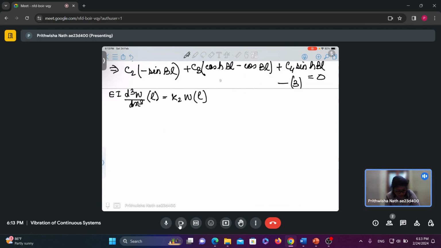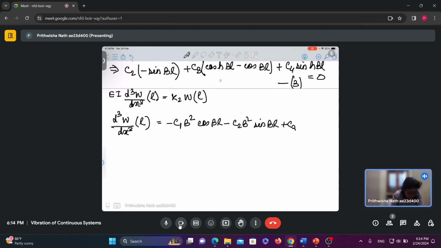Now first I will write the expression for this once again and then I'll substitute. So this expression becomes C1 beta square cos of beta L minus C2 beta square sine of beta L plus C3 beta. This is for the second derivative.